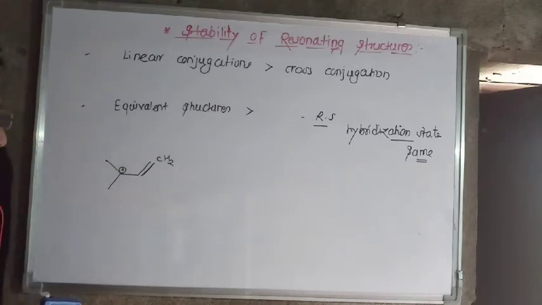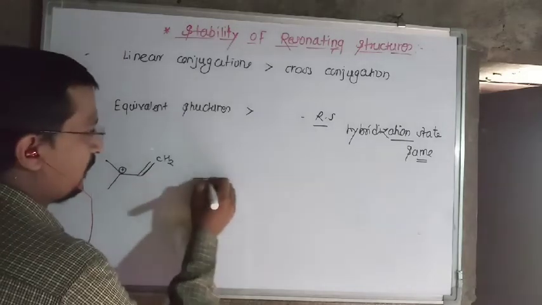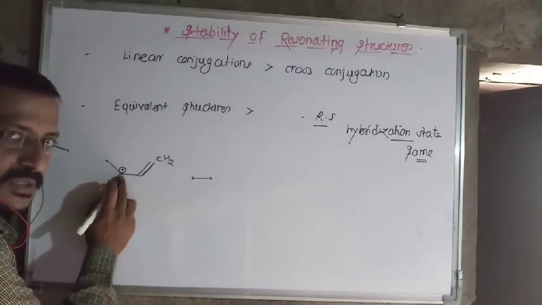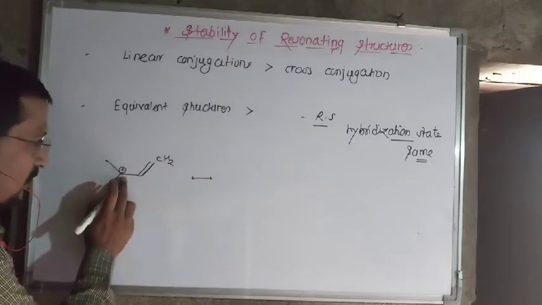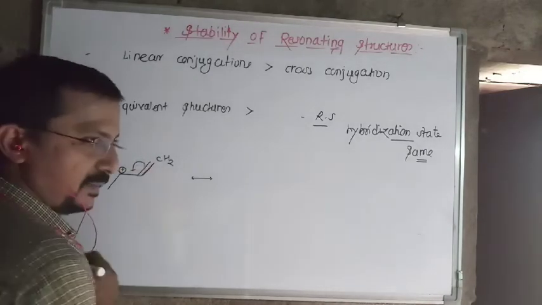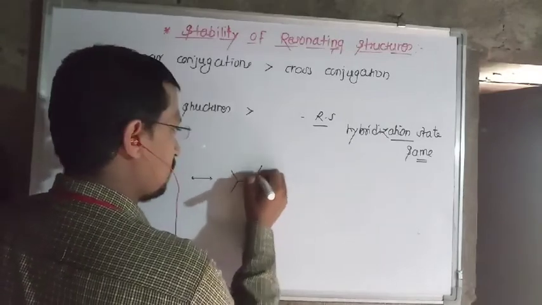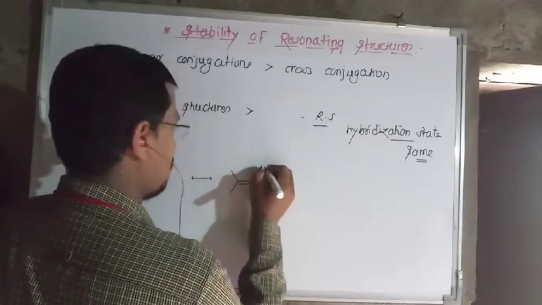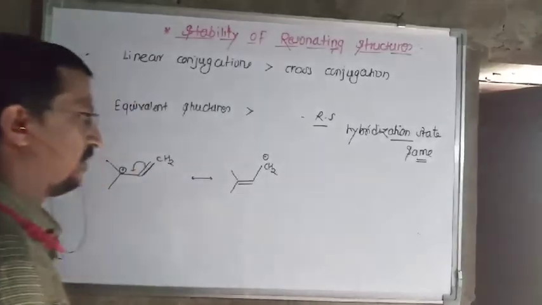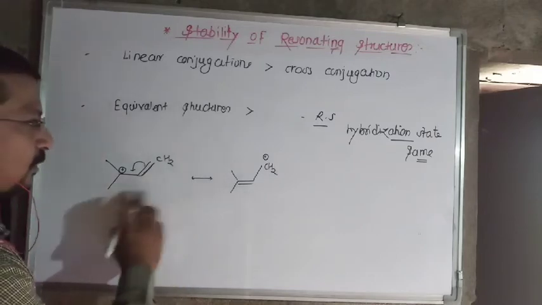Then in this structure, if resonance is there, A double bond B, C have positive charge. But in this case if I make resonance like this, here single bond and double bond, here single bond CH2, it is plus. In this case these are the 2 dissimilar structures.